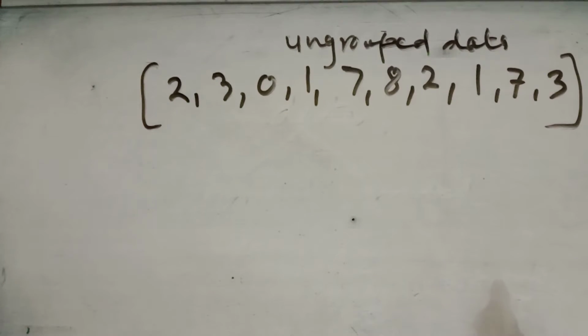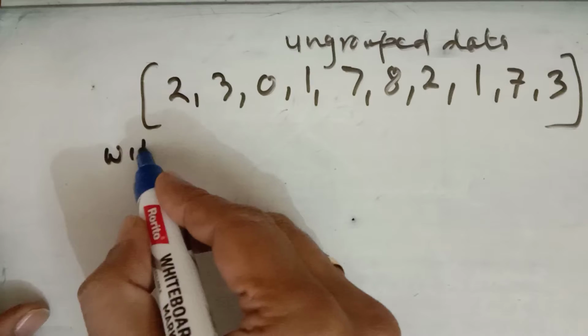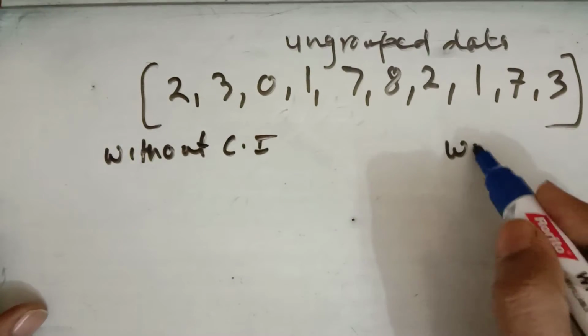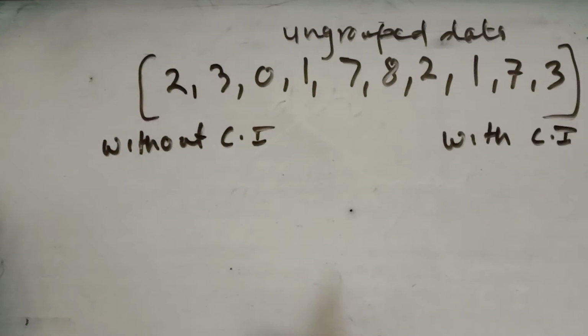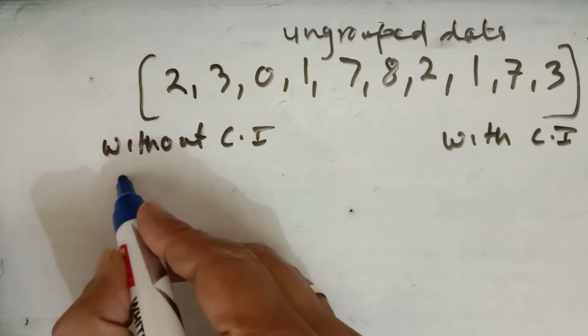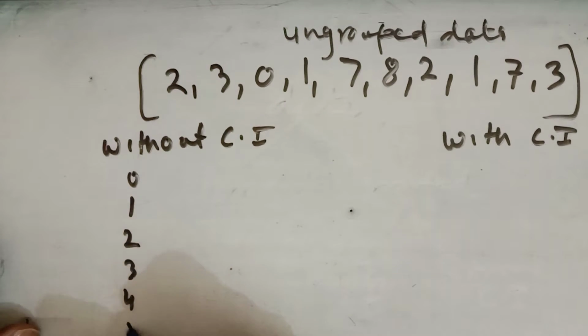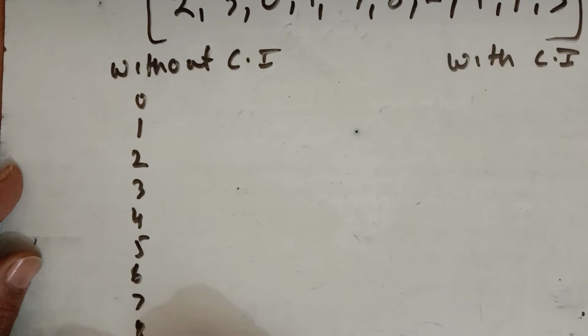Now I'll convert this ungrouped data into grouped data in two ways. First is without class interval, then I'll convert it into with class interval. Without class interval, it will be like this. You write the individual marks here: 0, 1, 2, 3, 4, 5, 6, 7, 8, 9.